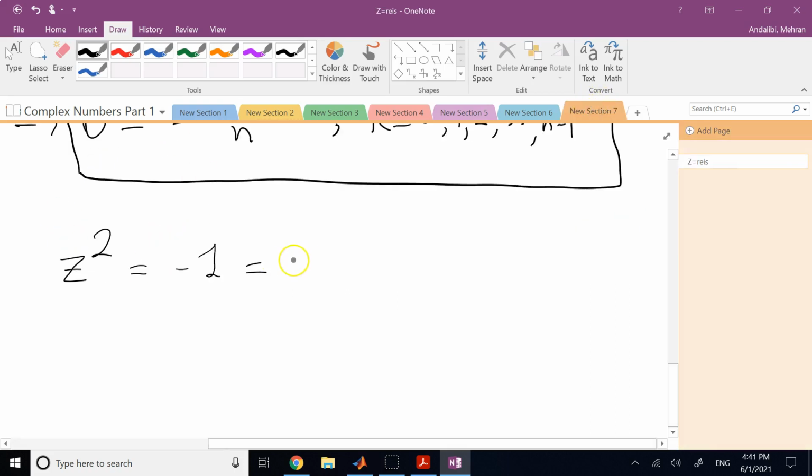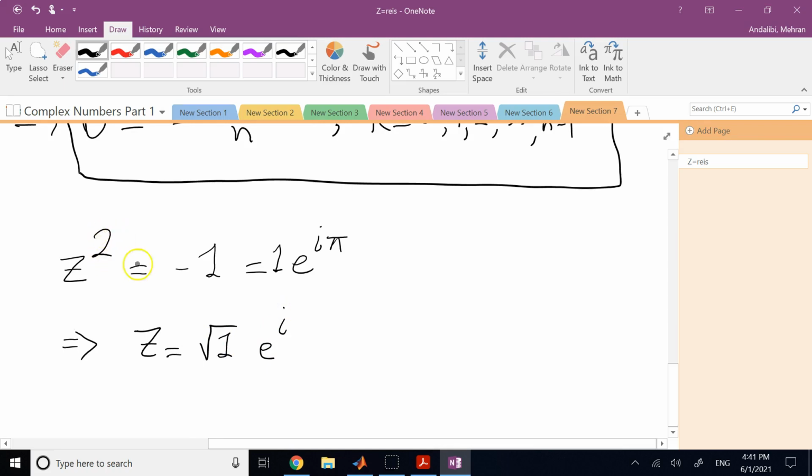Okay, so I write this e to the I pi, and magnitude of it is clearly 1. So now, from here, your z should be: magnitude of it is square root of 1, and angle of it is what?